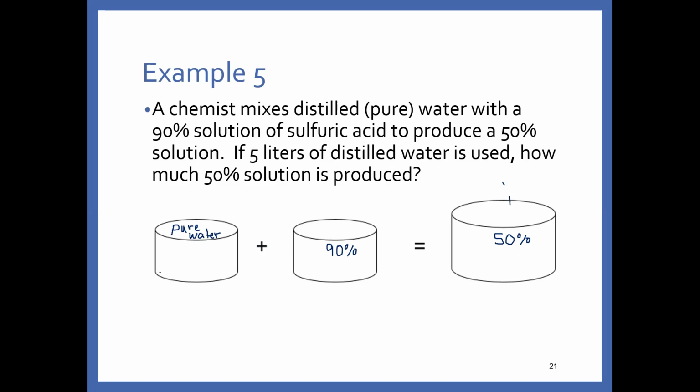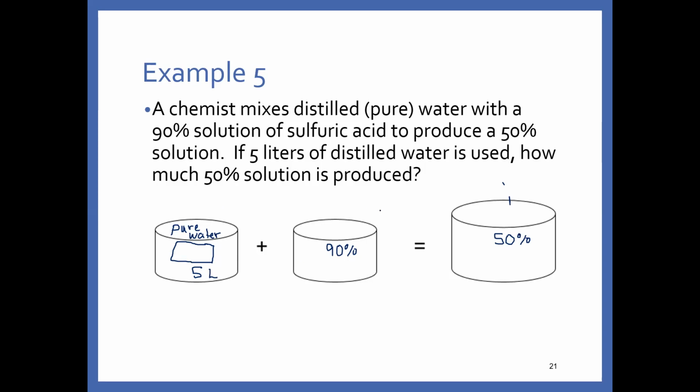All right, so that's my percentages, what I know so far. But I don't actually have a percent in this first container. So I'm going to put a little box there because I really am going to need a percent or value for that. Reading the second sentence, it says that 5 liters of distilled water is used. So I know that.